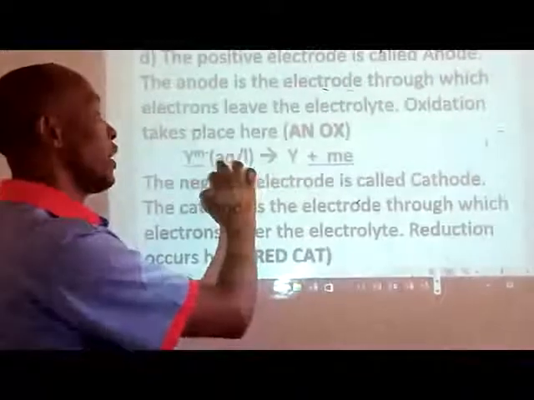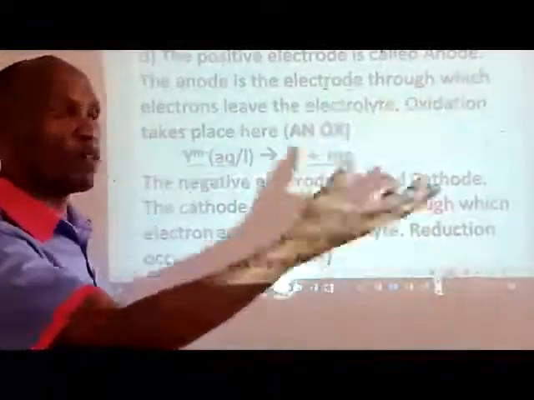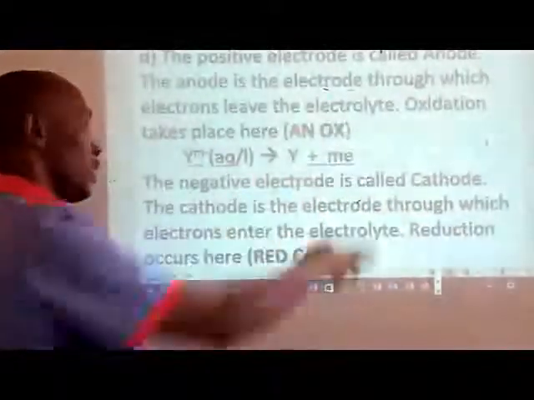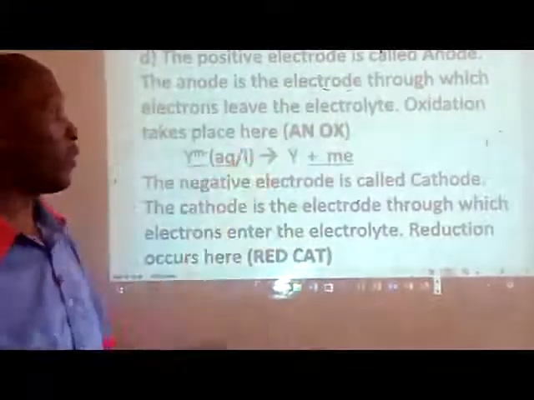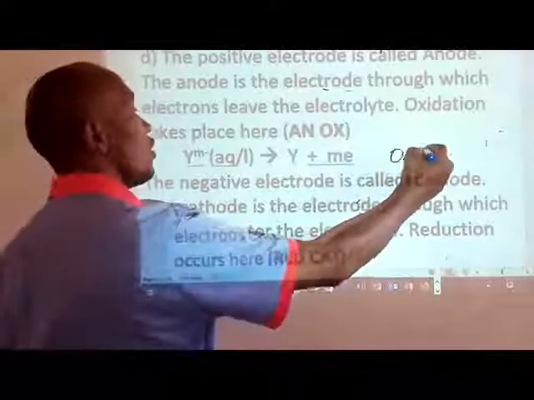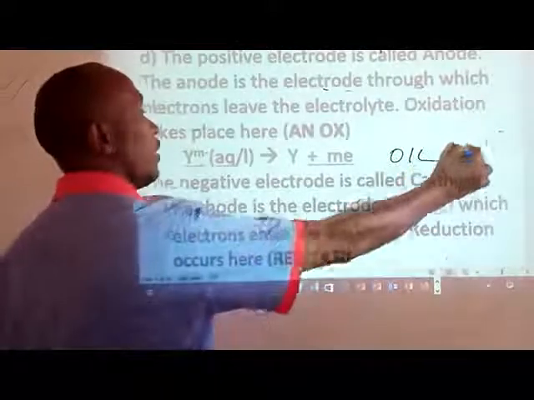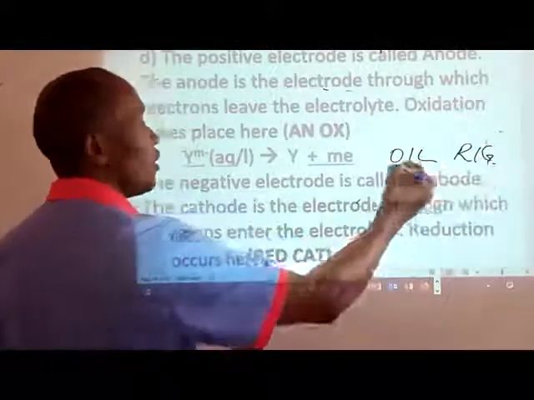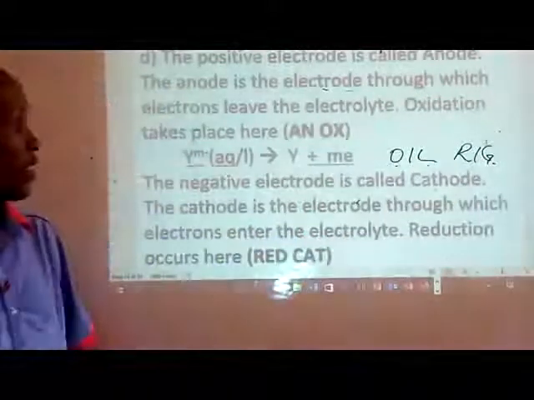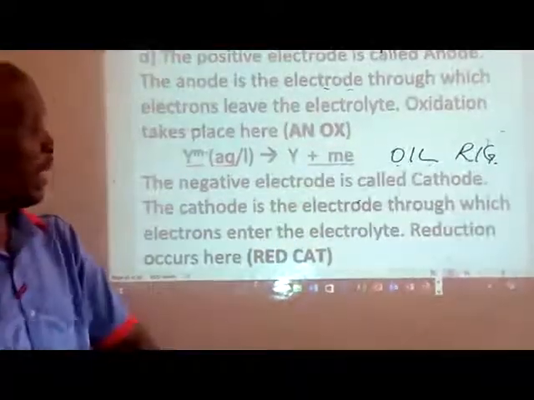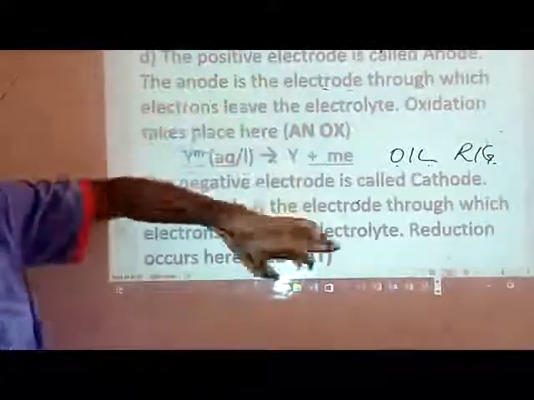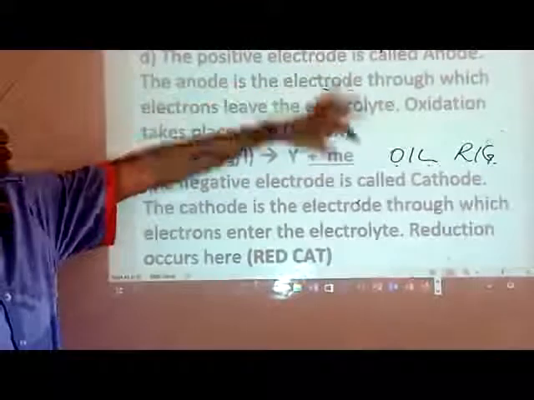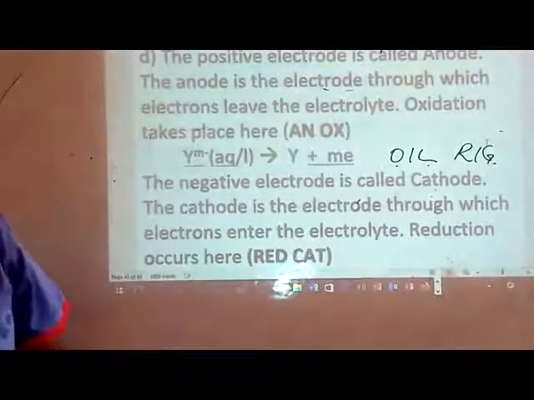Now, you don't say minus because we prefer to add. So we take them to the other side. So of course, you've said there is a loss of electrons. Oxidation is loss. Reduction is gain. Loss of electron is oxidation. So that's an oxidation reaction. And therefore, at this rod, oxidation is taking place. So we talked of an ox and all that.